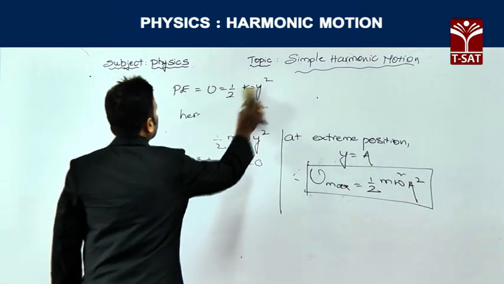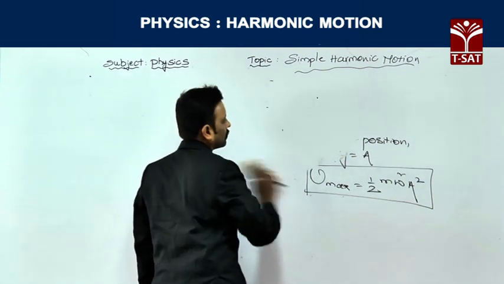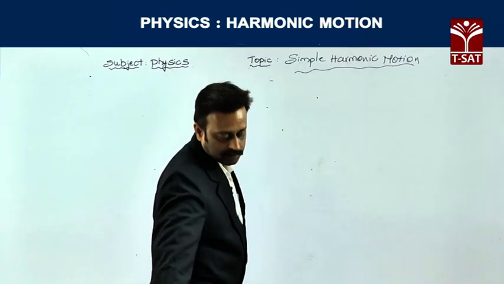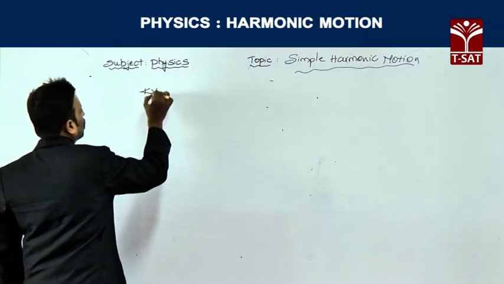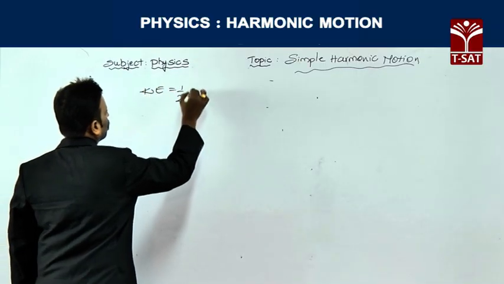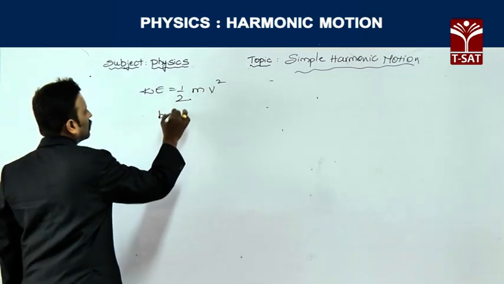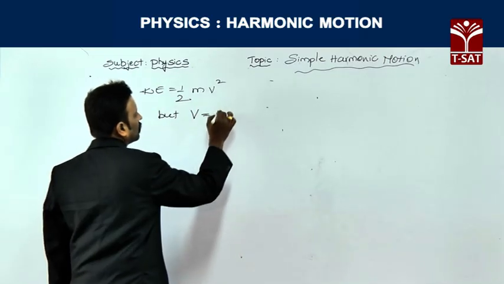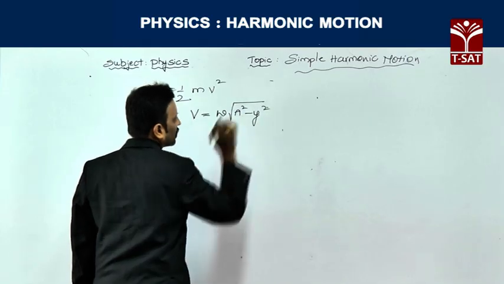So, after potential energy, the formula for kinetic energy. What is kinetic energy formula? Kinetic energy is equal to half m v square, but formula for velocity in simple harmonic motion is omega root a square minus y square.